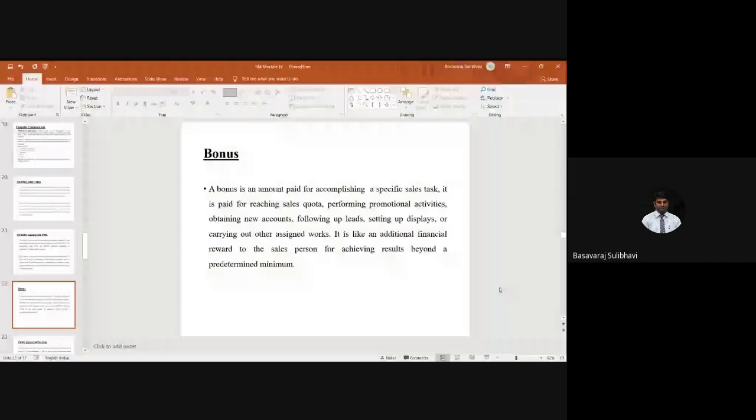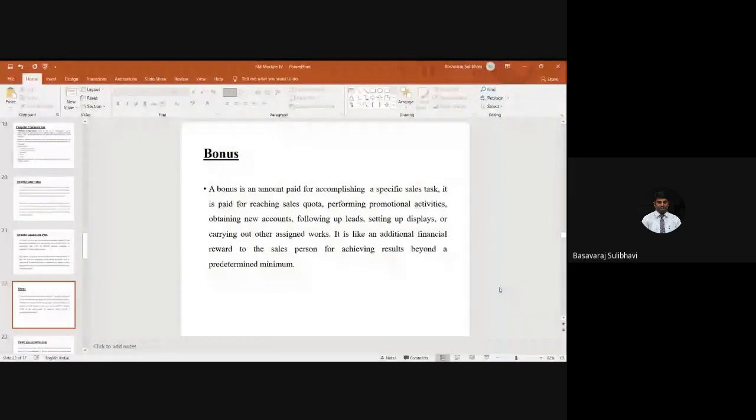And also for the interest a salesperson takes in following up the leads generated in the market for sales. The salesperson takes them up properly, reaches the prospective customers, and tries to convert them into customers of the organization.